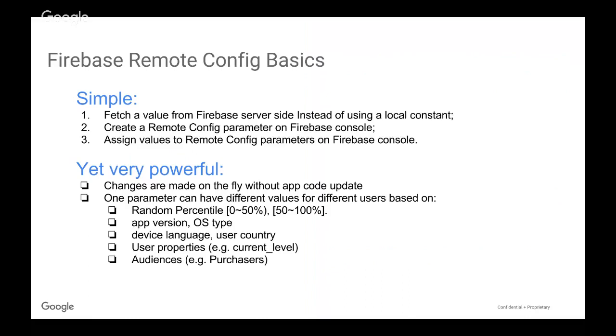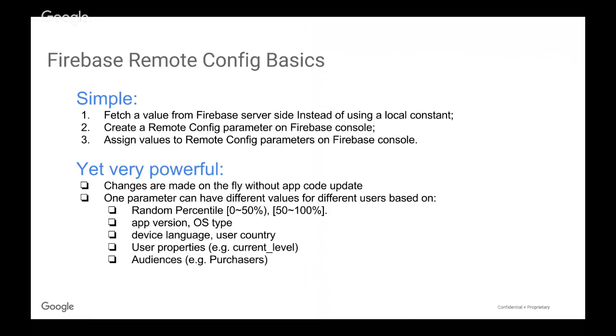It's just that easy. And then, of course, you need to define that server-side parameter on the Firebase console. That's pretty straightforward. The interesting thing happens next. You can assign values to remote config parameters on the Firebase console, and that value can be conditional on different situations.